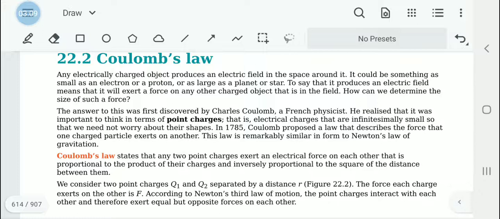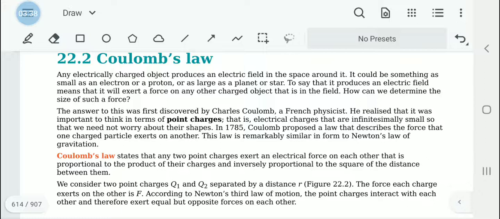Then this electrically charged object could be a single proton or a single electron or could be as massive as a large planet or a star, right? So when we say that it has an electric field, that means that it has a force on any other charged object in its vicinity or in its field.